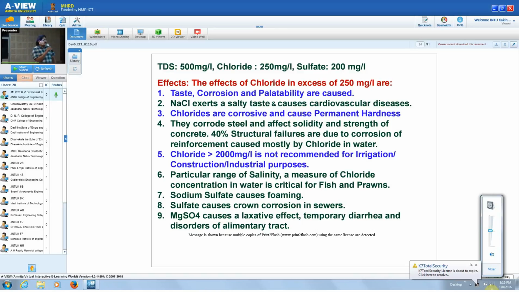Sixth point, a particular range of salinity, a measure of chloride concentration in water, is critical for fish and prawns. All animals have a property called adaptation. Only in a particular range can they withstand. For example, can we live in water having a pH of 3?